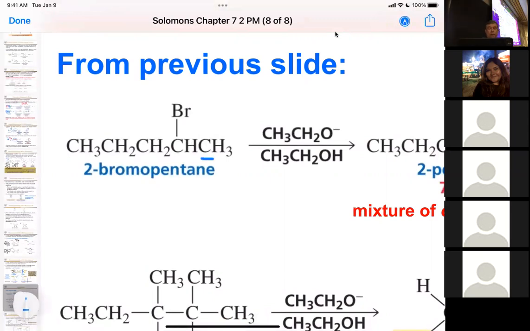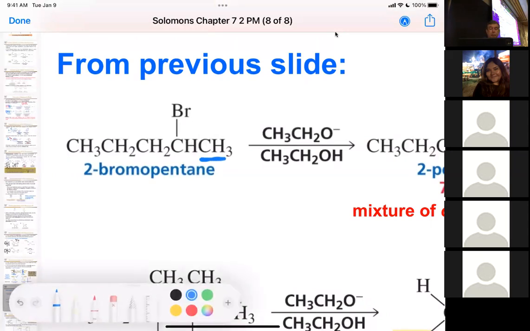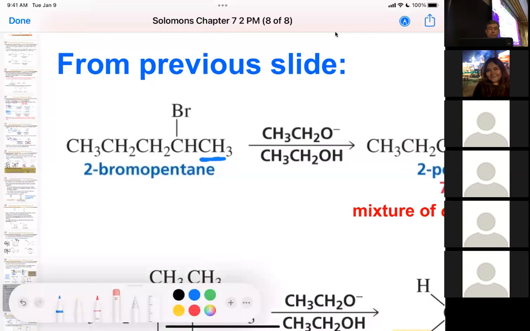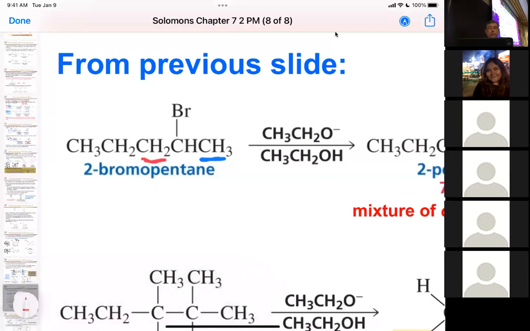We have this beta hydrogen here, and we have this beta hydrogen here. So which is it going to do, the one on the left or the one on the right? The one on the left is going to give us a di-substituted alkene. The one on the right is going to give us a terminal alkene. So you're going to want to do the one on the left.